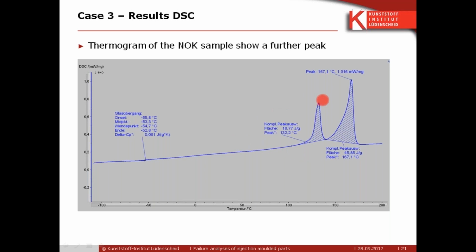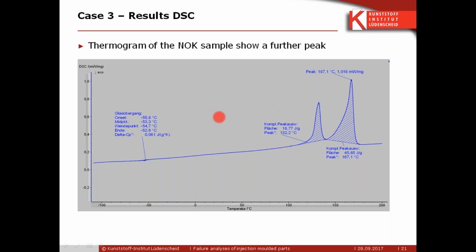First, we measured a sample cut out of a part from an OK sample, and we can see that we just have a single peak with a maximum at 167 degrees, which is in the typical range of a PP.